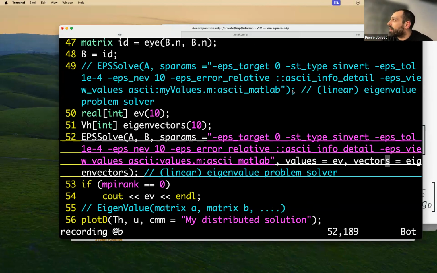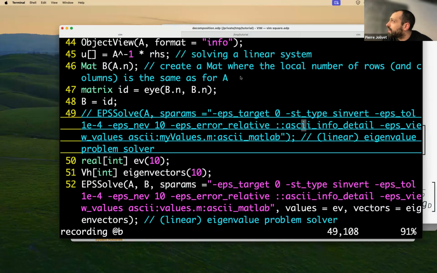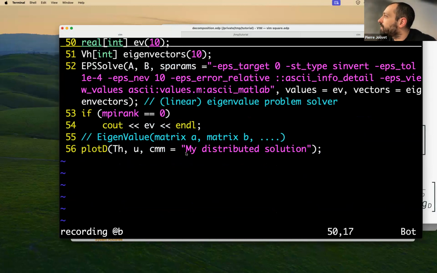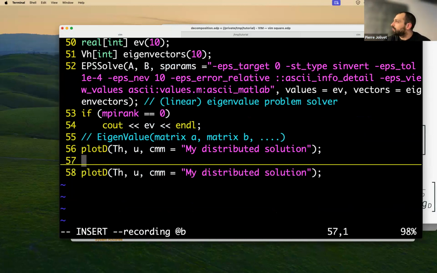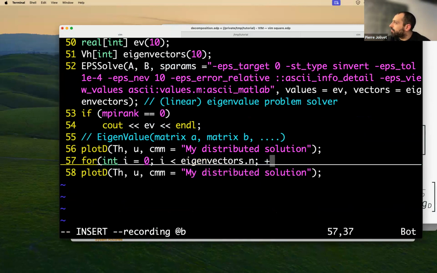And so to plot the eigenvectors, I will just do the same as when we plotted the solution. And so to plot the solution, we use this, and so I will do exactly the same. And so I will loop for int i equals 0, i lower than the eigenvectors dot n, i plus plus.